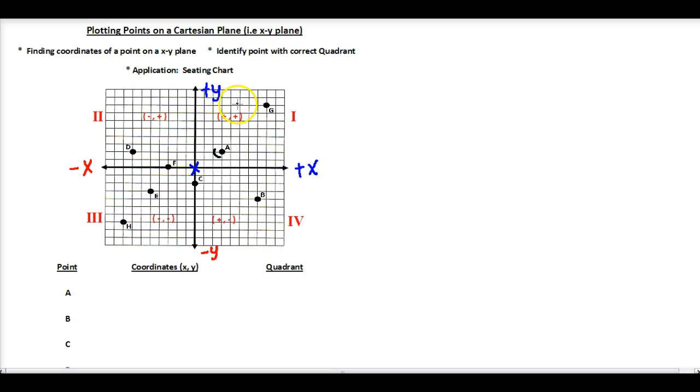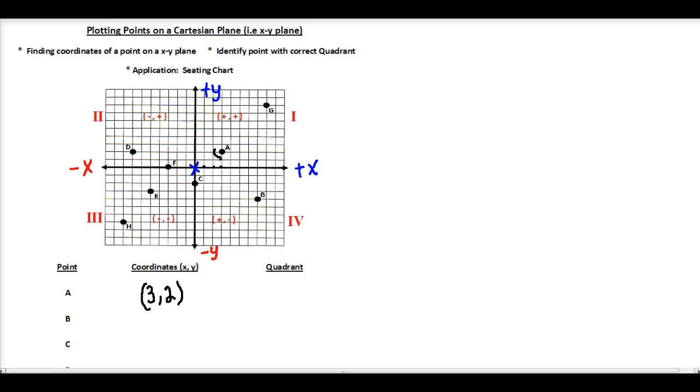And so to get here, we go 1, 2, 3 units in the X direction. So for here, we need to write our coordinate 3, and then we go up 1, 2 units in the Y direction. So this particular point, point A, would be at the point (3, 2).